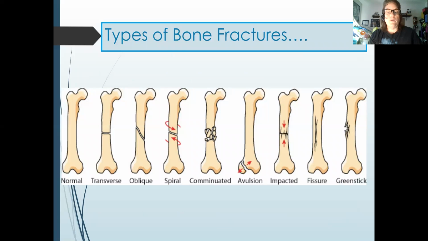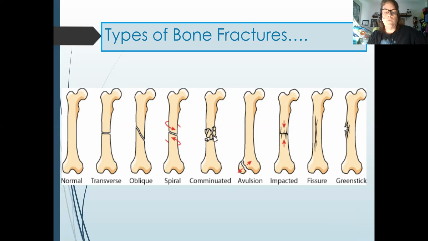All right, some types of bone fractures. Here's your normal bone, but you have a transverse break. If you remember from Unit 1, transverse is that horizontal cut. So that's a nice clean transverse cut. You have oblique. Remember, we said that was kind of a diagonal cut. Spiral fracture occurs when it's twisted.